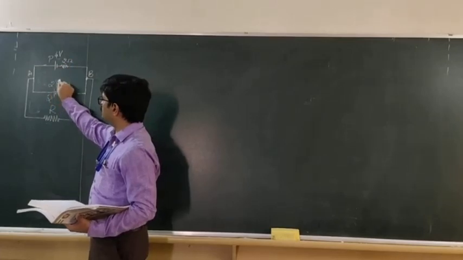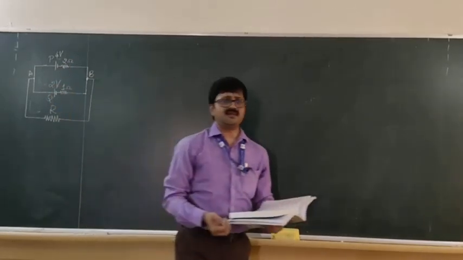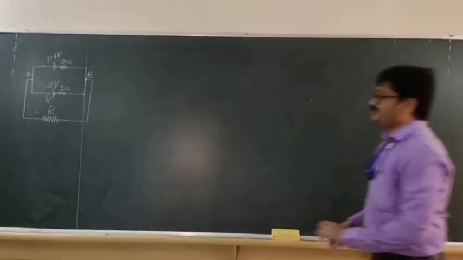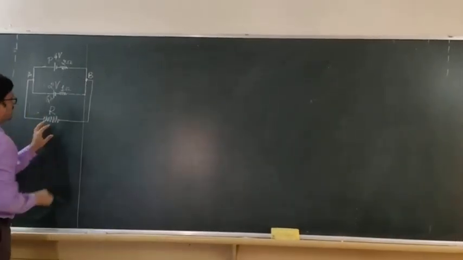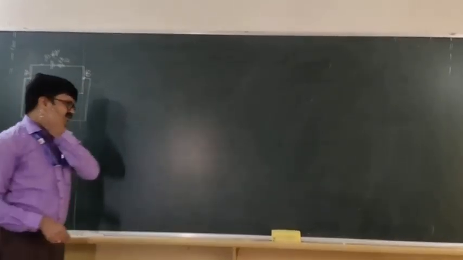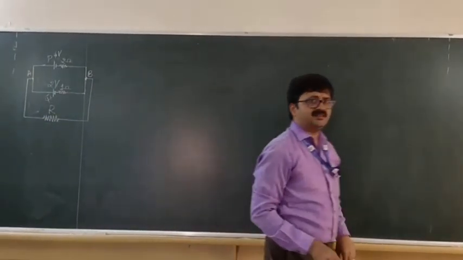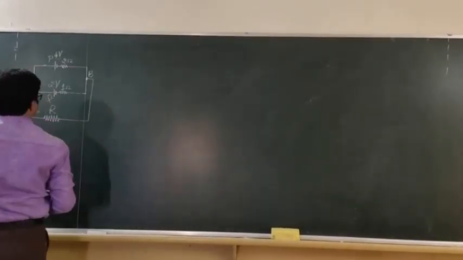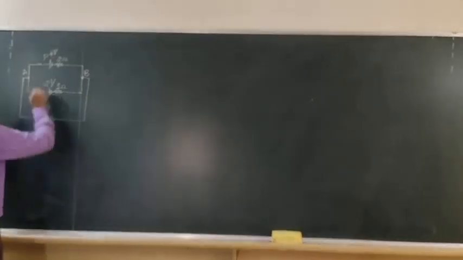Second cell is having 2 volt and internal resistance as 1 ohm. Okay. And accordingly, across this combination there is one resistance capital R. Okay. And this resistance has been connected and I have shown it like this. Now let me just show the direction of currents here.